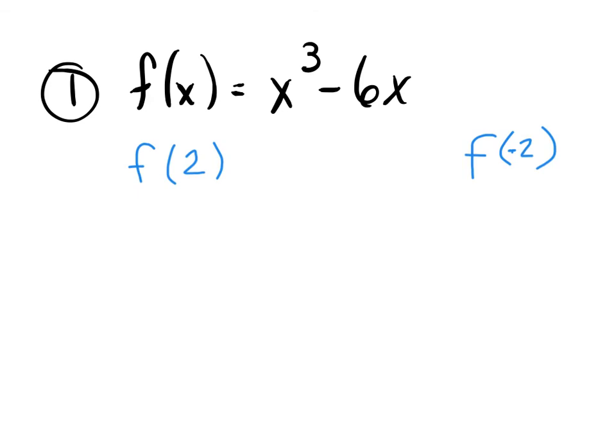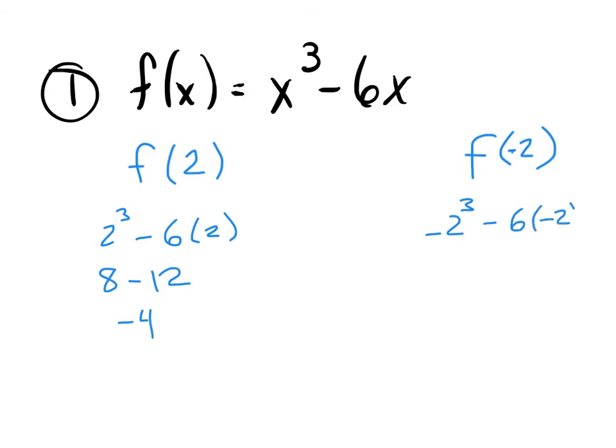So when we plug in 2, we get 2 cubed minus 6 times 2. 2 cubed is 8. 6 times 2 is 12, so 8 minus 12 would be negative 4. Now we plug in negative 2. We have negative 2 cubed minus 6 times negative 2.